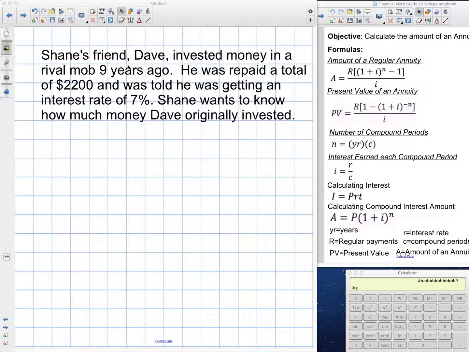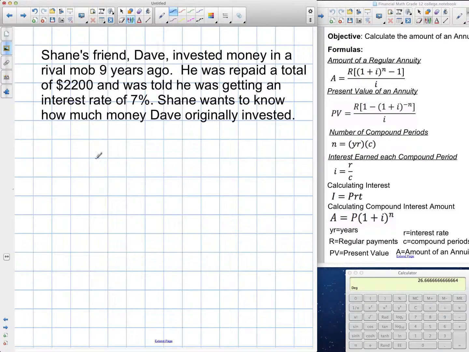Okay, question 3. Shane's friend Dave invested money in a rival mob 9 years ago. He was repaid a total of $2,200 and was told that he was getting an interest rate of 7%. Shane wants to know how much money Dave originally invested. Now remember, this is simple interest.